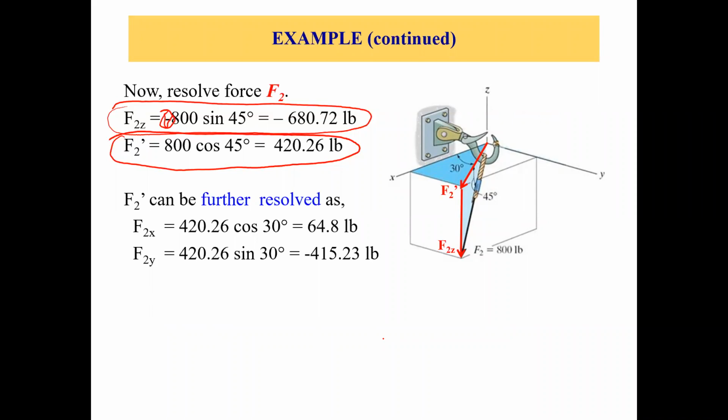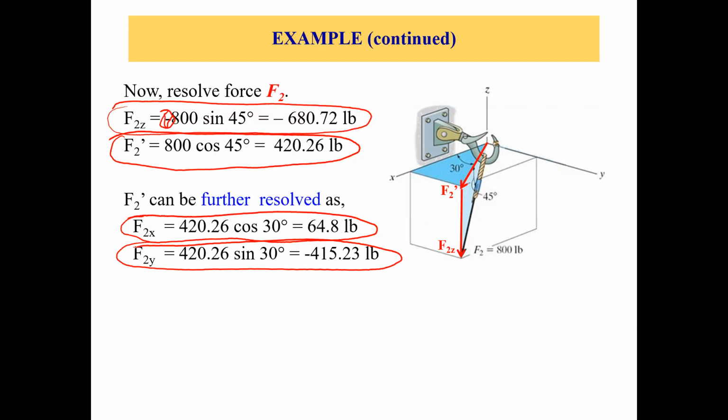So we'll get F2x equals F2 dash times cosine of 30, which will give us 64.8 pounds as F2x. And F2y is F2 dash times sine of 30, which will give us negative 415.2 pounds.